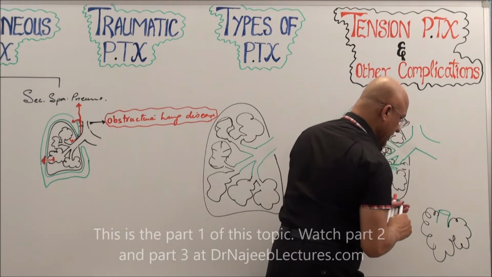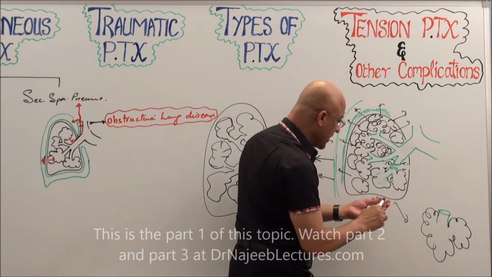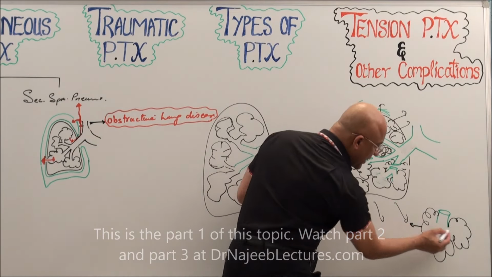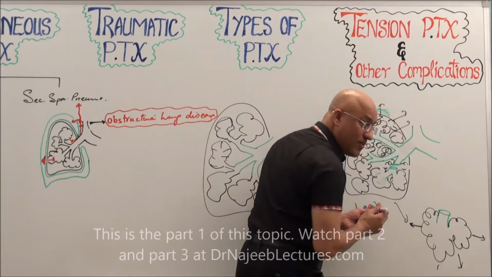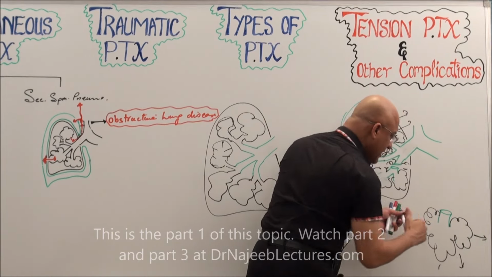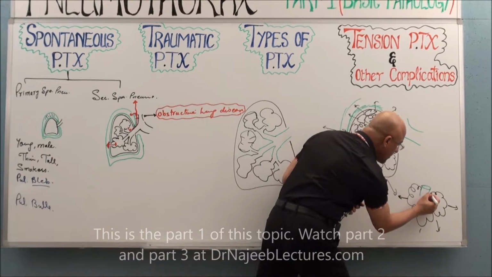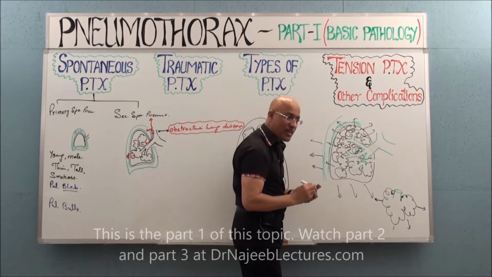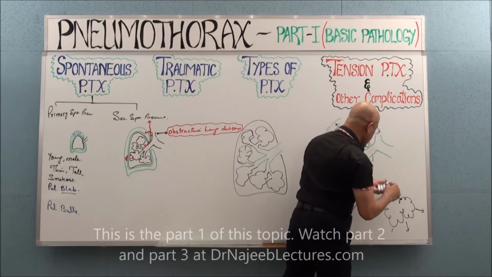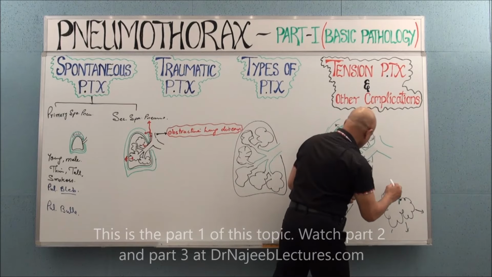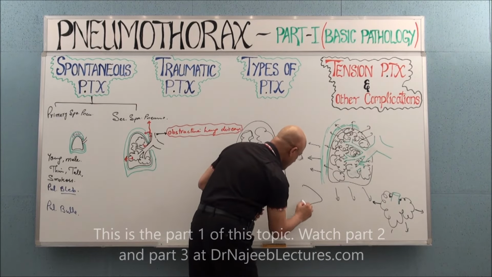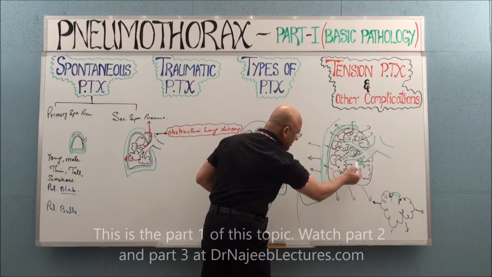Now during inspiration, listen carefully. During inspiration, when the lung is expanding, there is traction on what? The airway. Or we can make a part of a lung like that. I make a section of lung here.